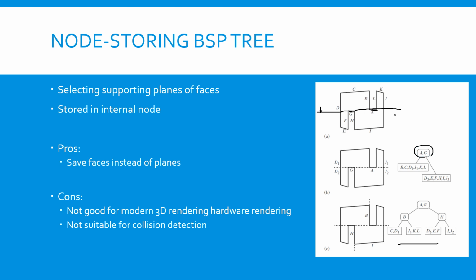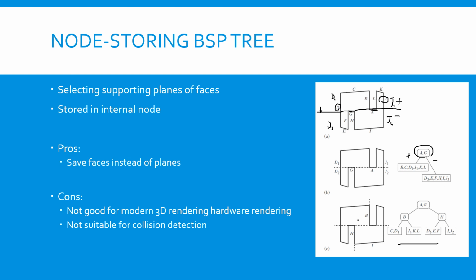Based on this, for example, this side is positive and this is negative. We can see some of the edges located on the positive part and the others on the negative part. But the problem is that edges D and J are divided by this plane. For example, this one is D1 and D2, and J1 and J2. They have to be stored in different tree structures. Actually, it's exactly the opposite tree structure.